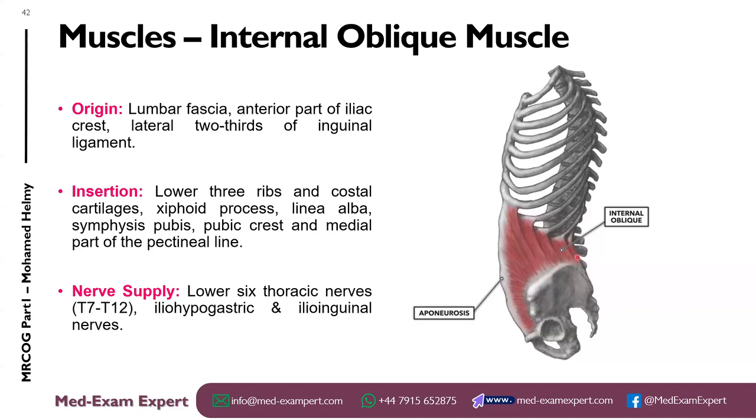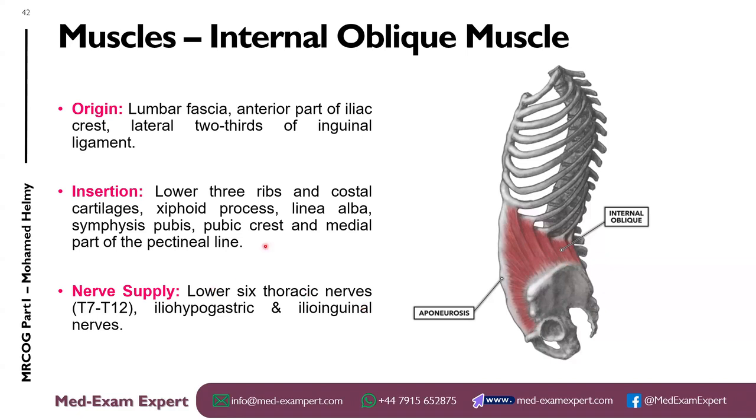So from the lumbar fascia, from the iliac crest, and from the inguinal ligament, it is inserted into the lower three ribs and costal cartilage, xiphoid process, linea alba, symphysis pubis, and the pubic crest. So it arises from the lumbar fascia, anterior iliac crest, and inguinal ligament to be inserted in the lower three ribs, xiphoid process, linea alba, pubic tubercle, pubic crest, and the pectineal line.